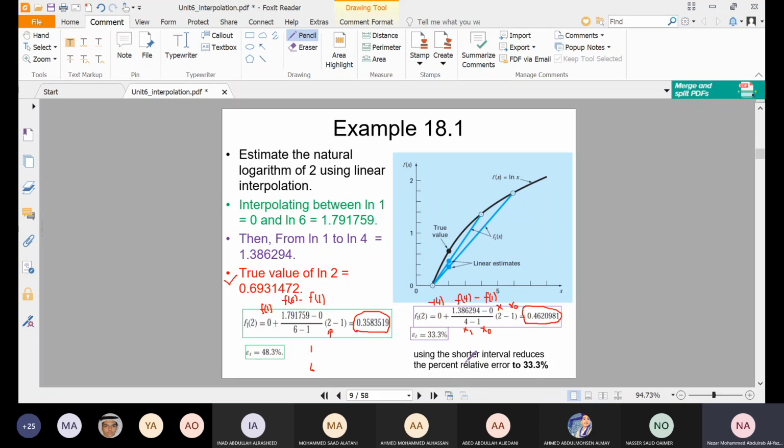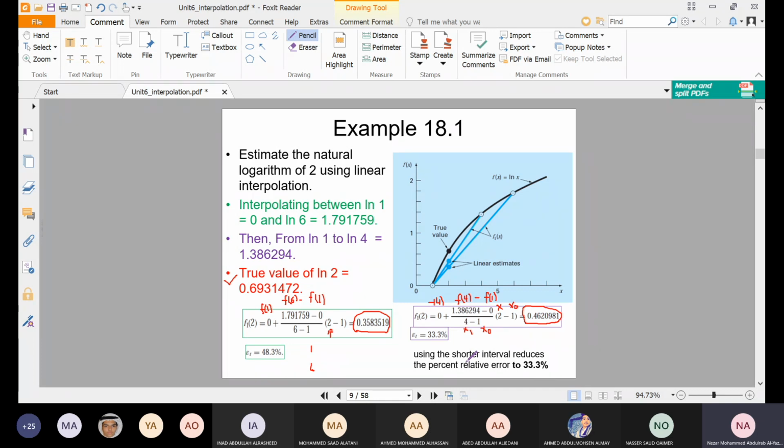So we can conclude that by using a shorter interval, we can reduce the percentage relative error to 33.3%. If you use a larger interval, the estimation will not be as accurate. If we reduce the interval to the minimum interval that we have in our data, the estimation will be more accurate.